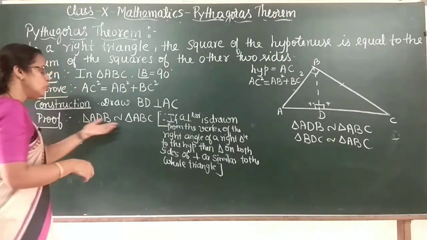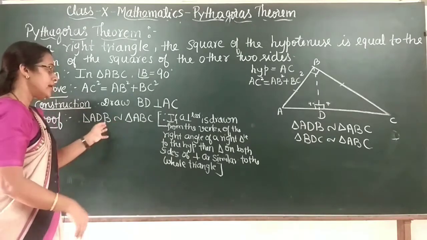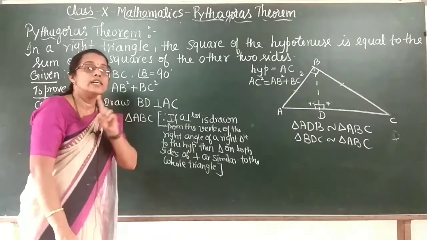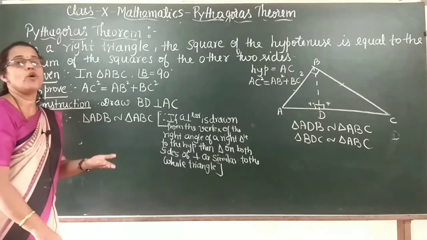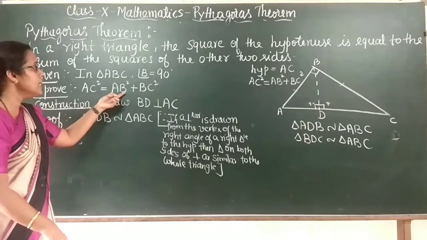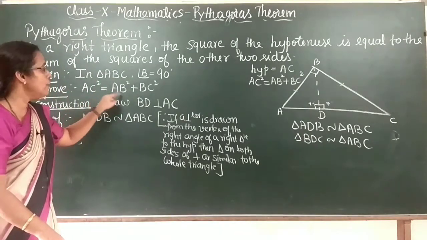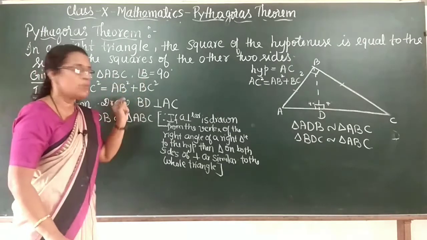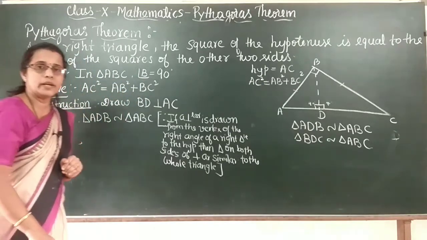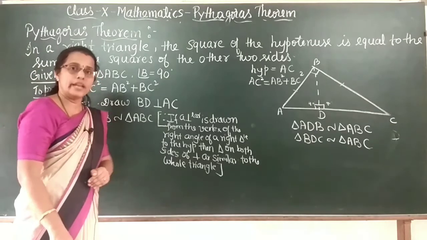Right, my children? If two triangles are similar, then their corresponding sides are in the same ratio. Why have I taken corresponding sides? Because I want their sides squared, children. So AB square I want, BC square I want, AC square. So how can we get it? By writing the ratios, children.